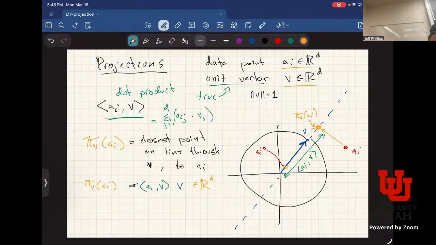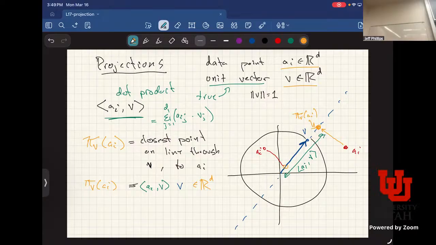So think of a two-dimensional vector. This is a data point. This is the x coordinate. This is the y coordinate of this data point. It's two-dimensional. So this is a one-dimensional value. This is a vector value. The scalar times the vector gives me back a d-dimensional vector.